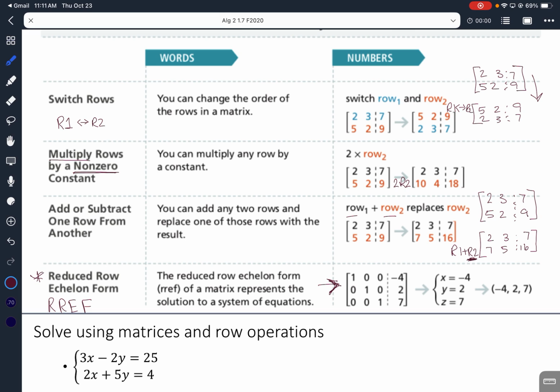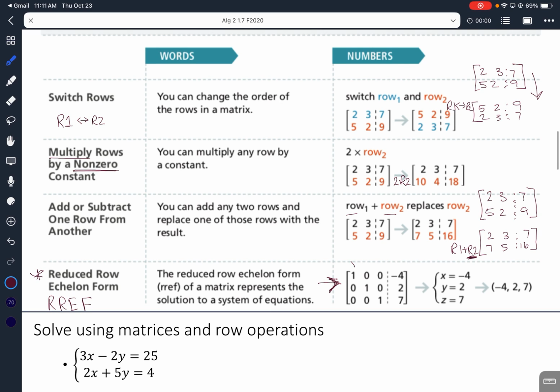What are the only things on the coefficient side of that matrix? Ones and zeros. In the X row, there is only a 1 in the X spot. In the Y row, there's only a 1 in the Y spot. In the Z row, only a 1 in the Z spot. So when I put that back into an equation, it is x equals -4, y equals 2, and z equals 7.